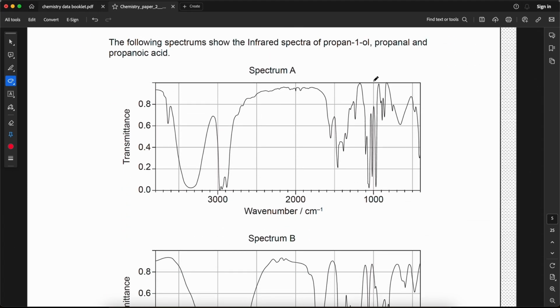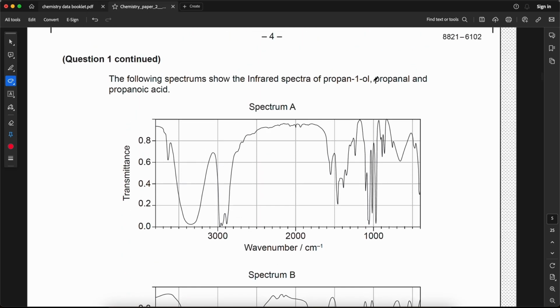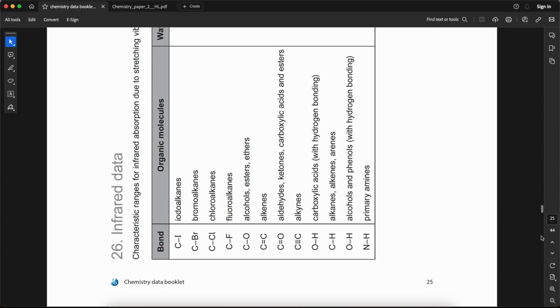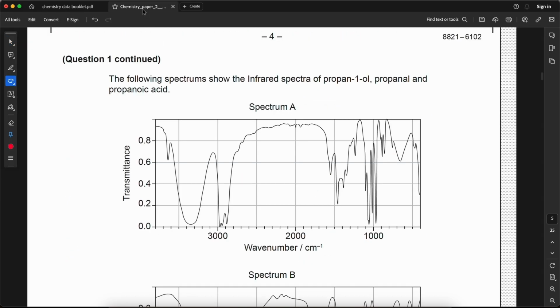The following spectra show the infrared spectra of propanol and propanoic acid. So that would be this one. So as you can see in the spectrum, there is 3000 right here. So it's propanol.